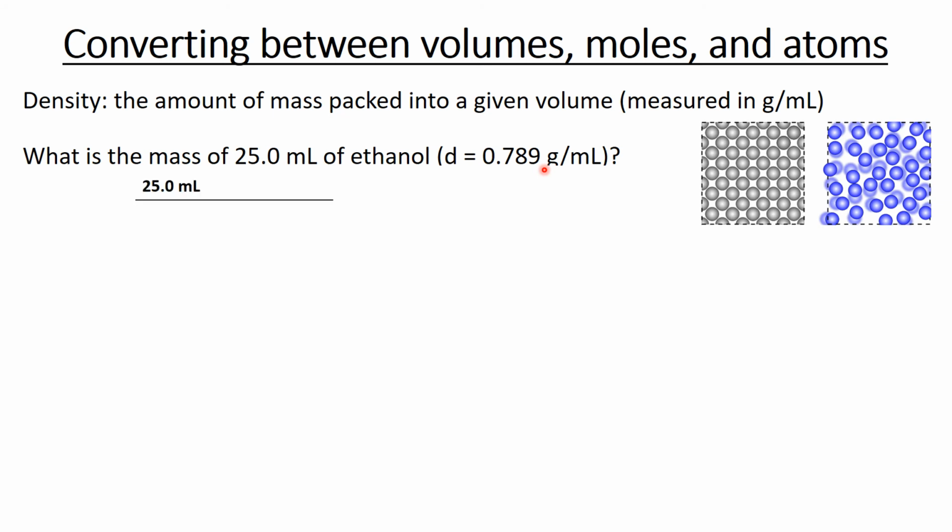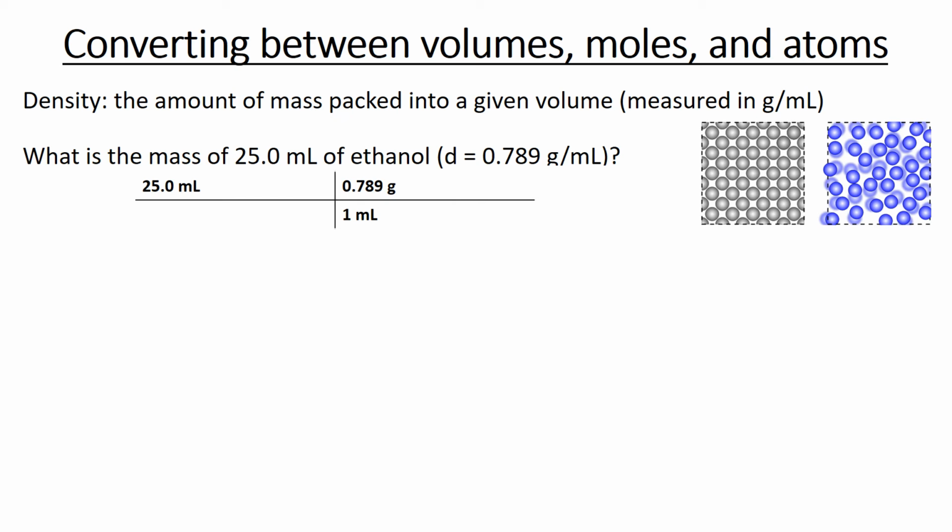So if I start with 25 milliliters, I'm saying that 1 milliliter is 0.789 grams. So I've got to think about this density as a conversion factor. 0.789 grams per milliliter means I have 0.789 grams in 1 milliliter. So my 1 milliliter goes on the bottom, my grams go on the top.